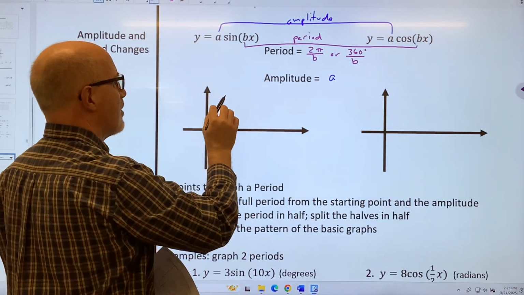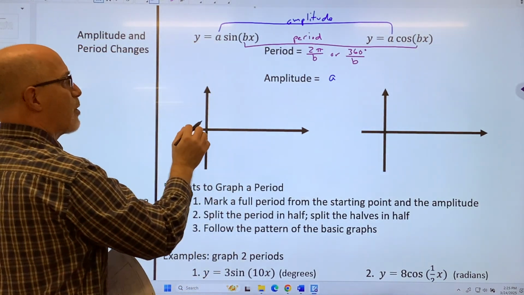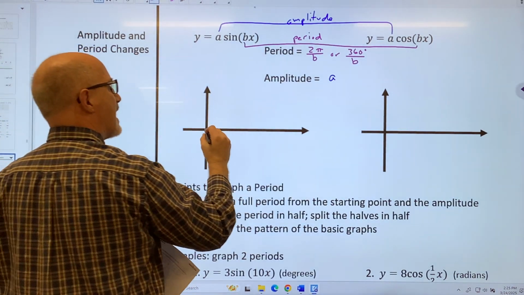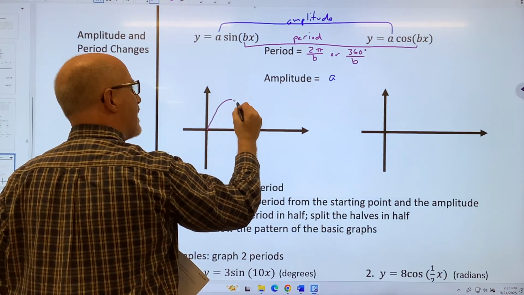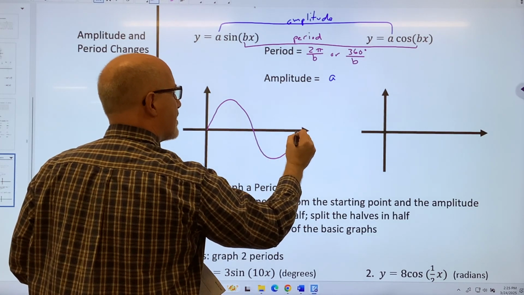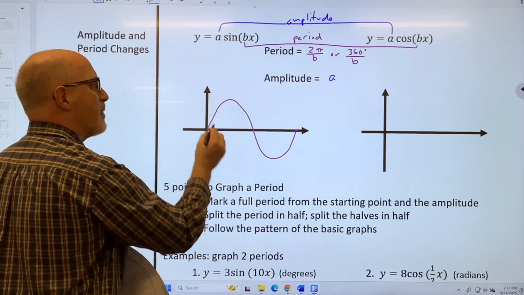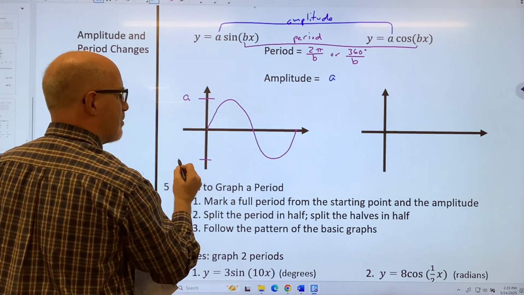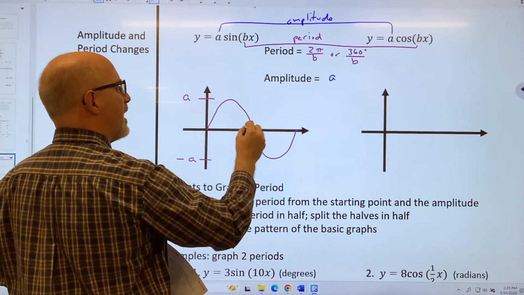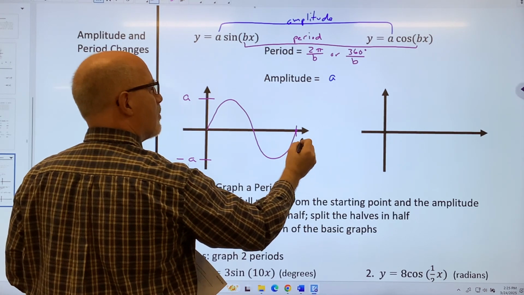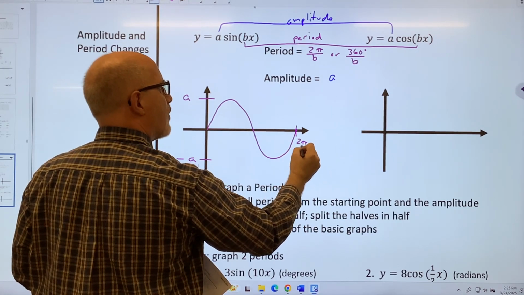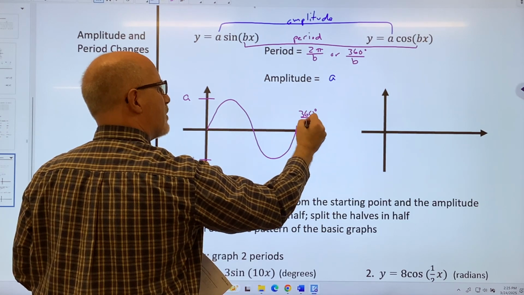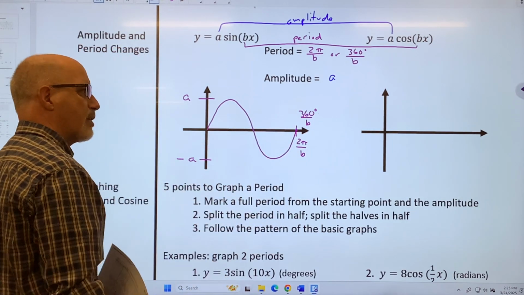So let's go ahead now and look at how we're going to graph just this standard function. Again, sine looks like this, where it goes up and down and then back to the axis here. How high up it goes will be A. How far down it goes will be the opposite of A. And then its full period out here will be 2 pi over B, or 360 over B, whichever we're doing, radians or degrees.